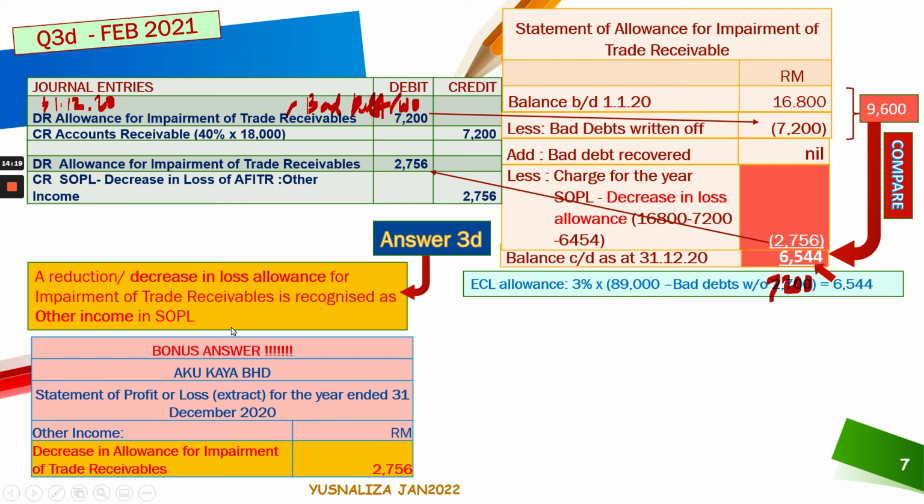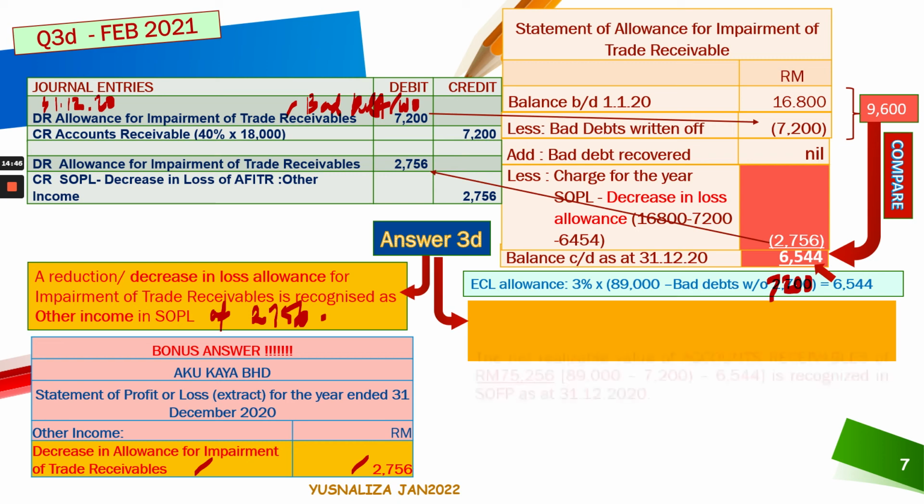The reduction was 2,756. So you would say the allowance in the SOPL would be 2,756. Okay. And if you were to show the presentation, it would be like this. Yeah, put them as part of other income.